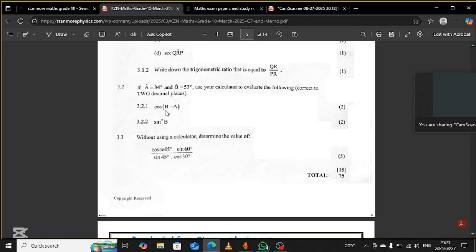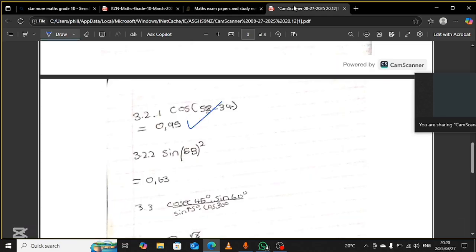And let's see, this is sine squared b. Oh, this one is wrong. On this question, your substitution was actually the right thing. The problem was, you're supposed to say sine of 53, all squared.